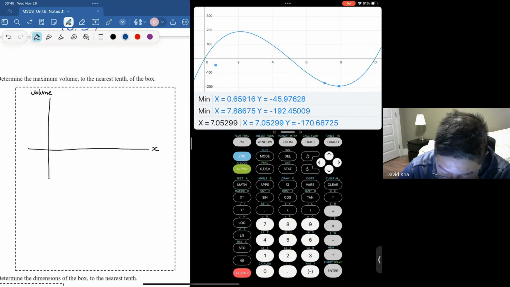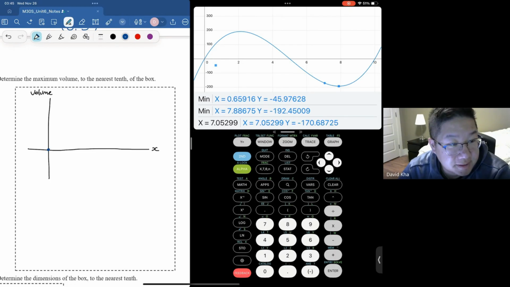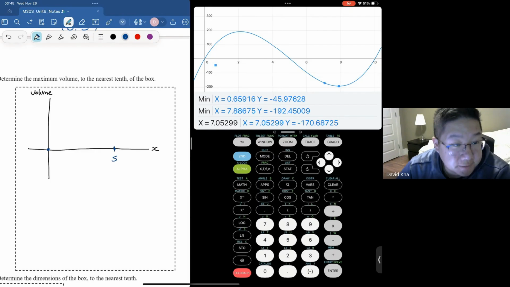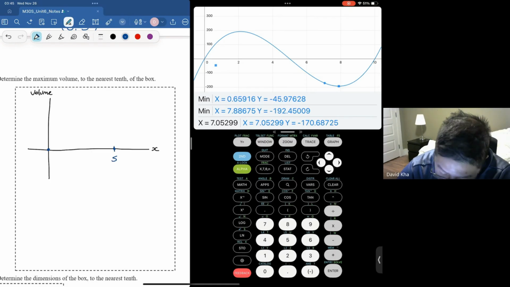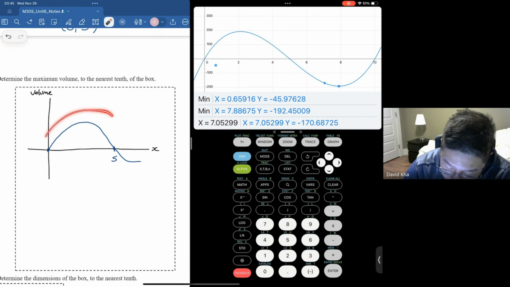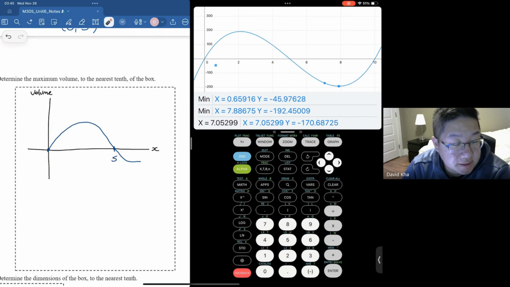When x is 0, of course the volume is 0 because the box has no height. When x is 5, again we get 0 because on the other dimension we get no depth. It goes up and down, and the rest of it doesn't really matter. We're only concerned with this part of the graph because that's where the volume is actually defined and positive.